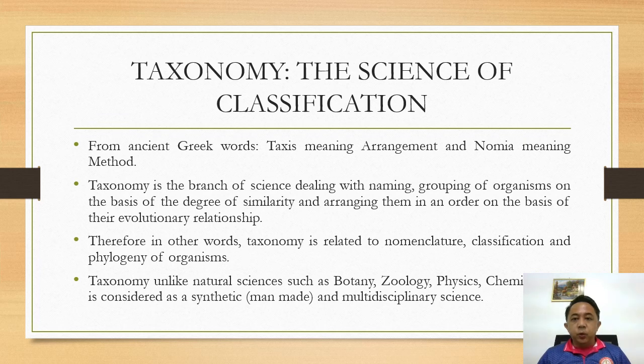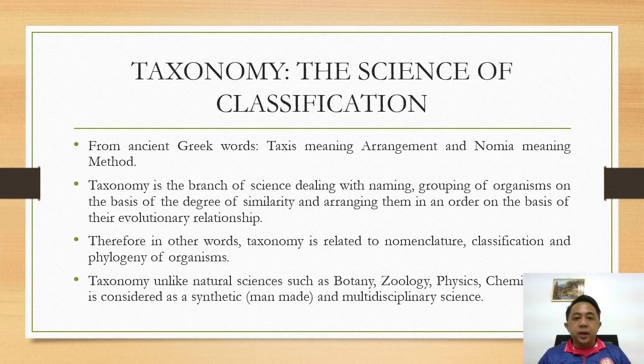Now, let us first go back to the introductory part of taxonomy, which is the science of classification. Now, taxonomy is derived from an ancient Greek word, particularly the word taxis, which means arrangement, and the word nomia, meaning method. Okay?